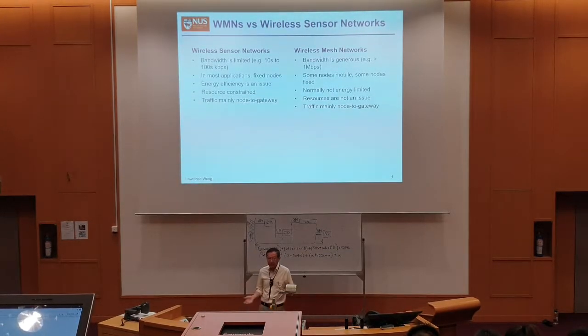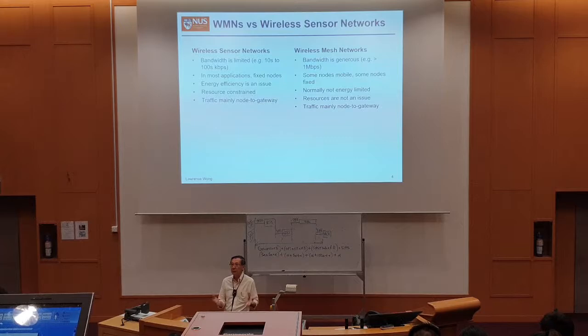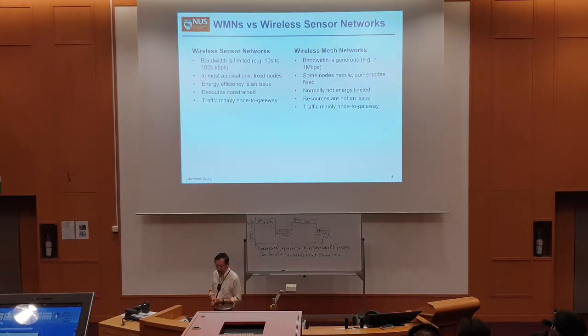Comparing between sensor and mesh networks, sensor networks typically are bandwidth limited. They don't operate very fast. So we saw that in the case of Bluetooth, Zigbee, LoRa, Sigfox, low bandwidth. Mesh network, no problem with bandwidth.